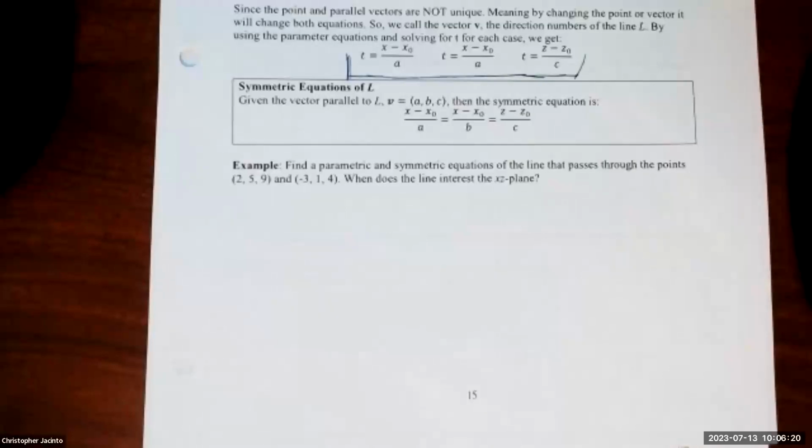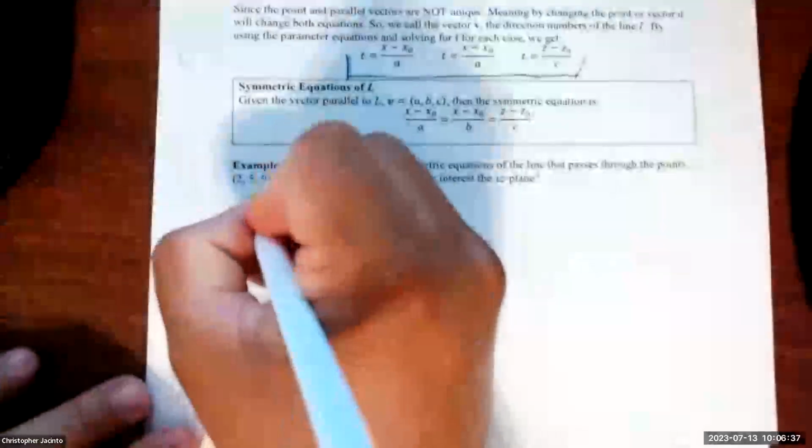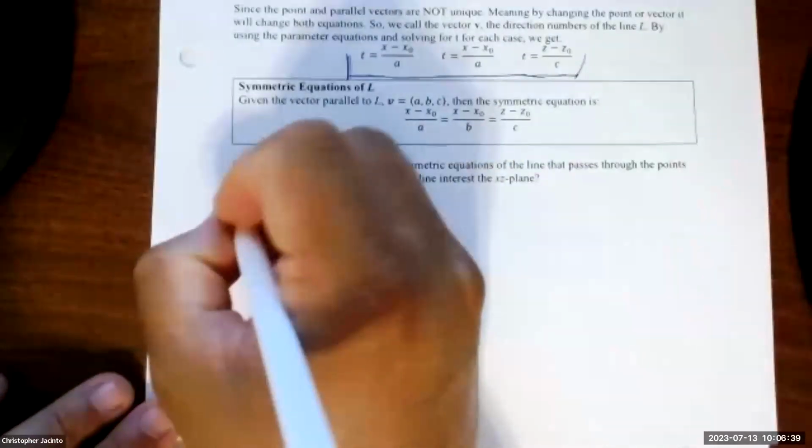Find parametric and symmetric equations for the line that passes through the points (2, 5, 9) and (-3, 1, 4). And the question now is something different: when does the line intersect the xz plane? Okay. All right. So first off, we have two points, so we've got to find the vector associated with them.